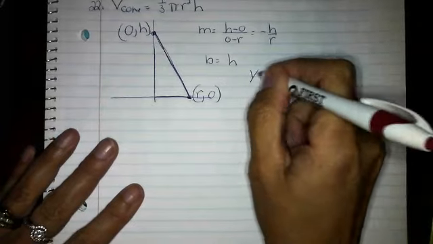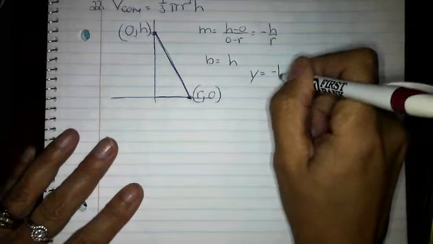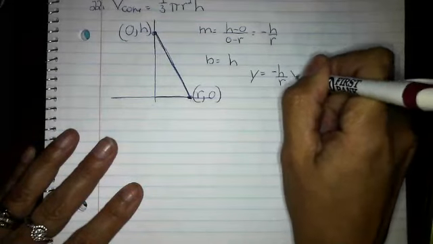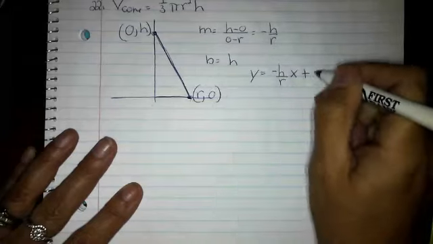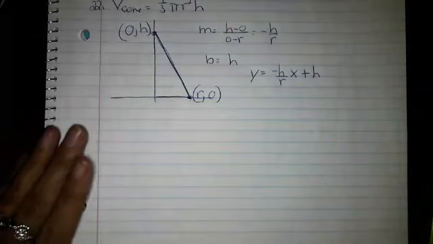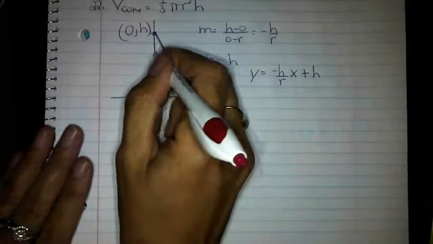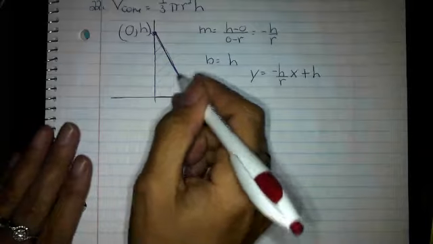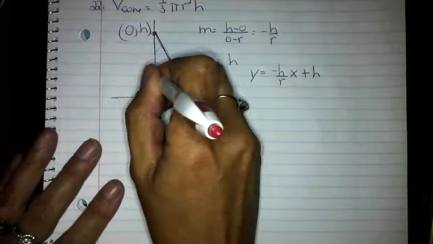So y equals negative h over r x plus h. Okay, so now we'll do the calculus. So we've got our equation. So we want to find the volume by taking this area revolving around the y-axis. So my rectangle's going this way.